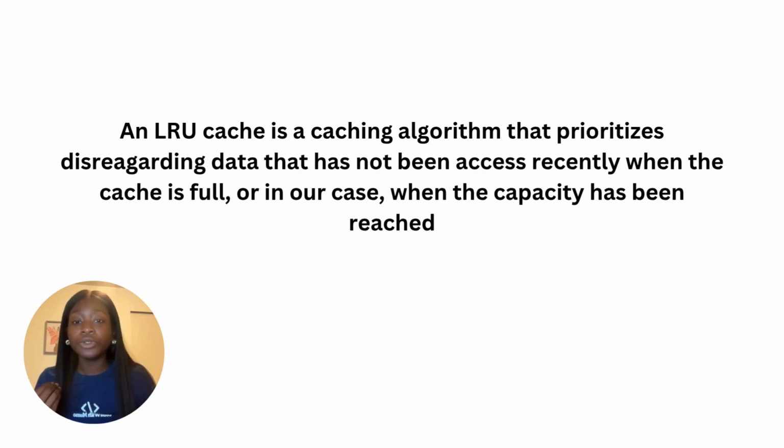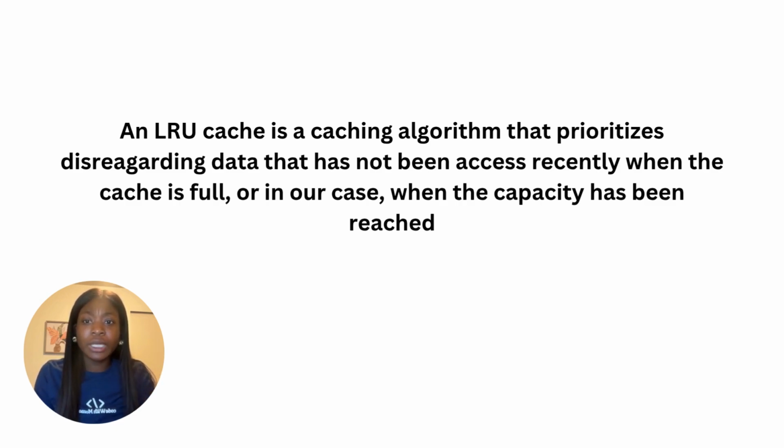So before we go into solving this question, let's first answer the question, what is an LRU cache? An LRU cache is a caching algorithm that prioritizes the removal of data which has not been recently accessed or utilized.